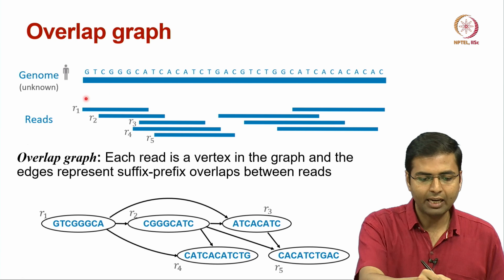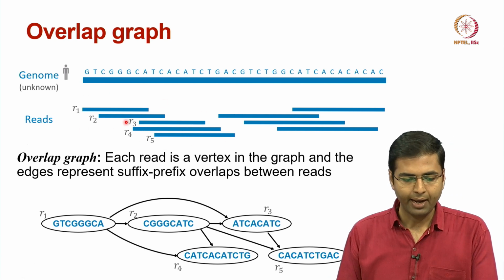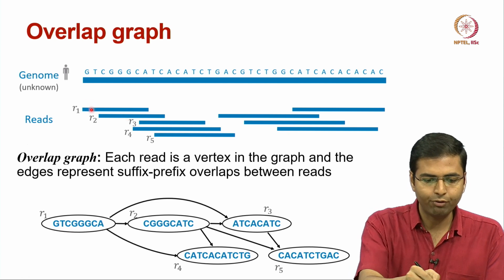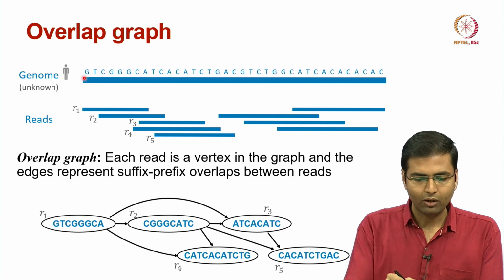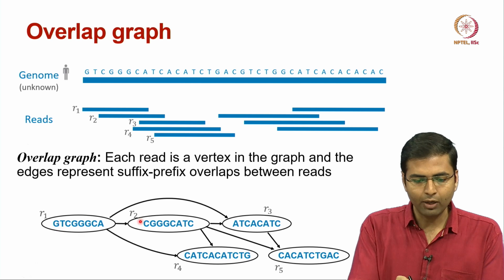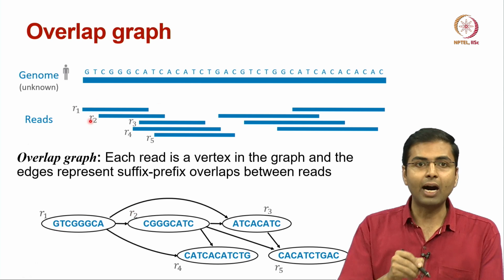Observe that if R1 is GTCGGCA, that is, the read sampled from the first few bases of the genome, then you have the R2 read, and we draw an edge from R1 to R2 because clearly there is a suffix prefix overlap between R1 and R2.